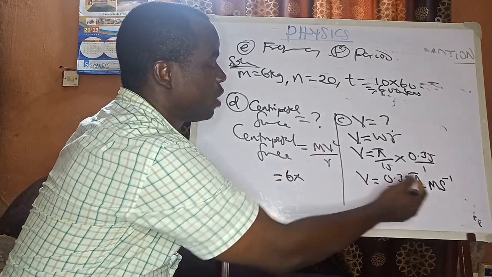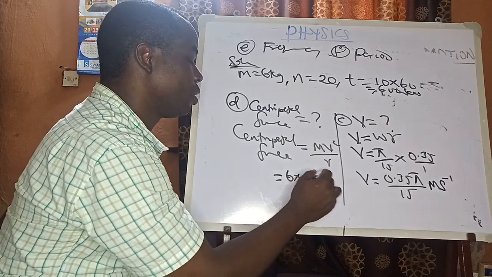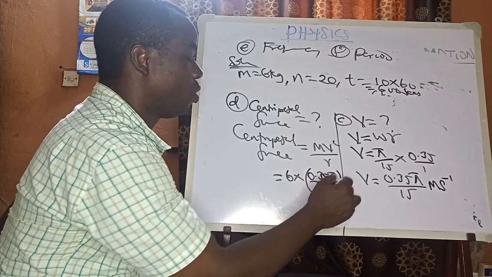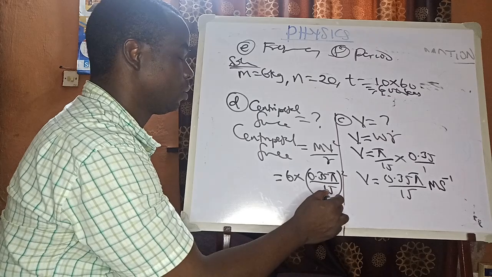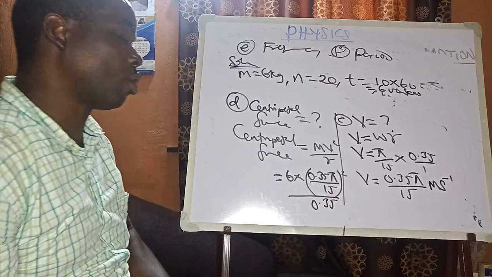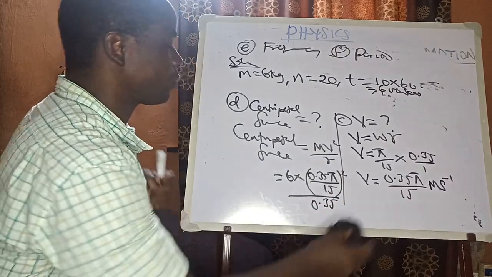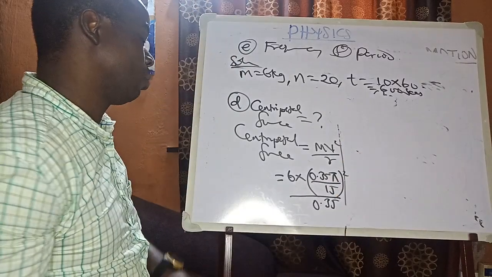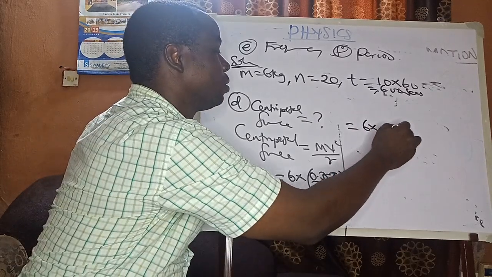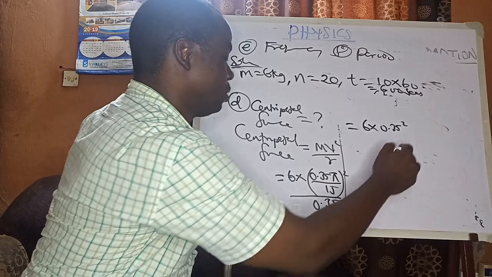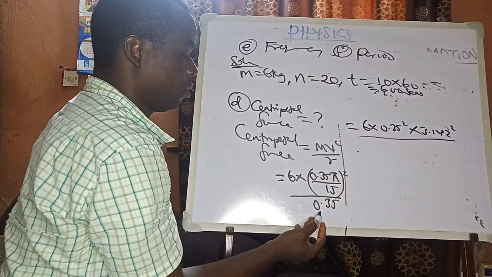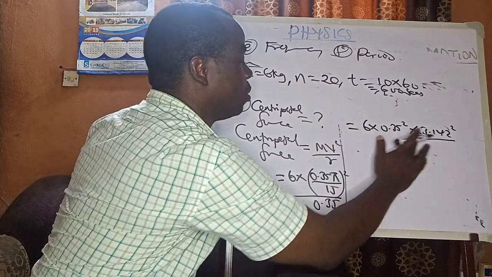So the answer you get for your V, you put it here. So let me say you have 0.35 pi divided by 15, all squared, then all over r. Our r is 0.35. So use your calculator, press 6 times 0.35 squared times pi, which is 3.142, squared, all over 15.